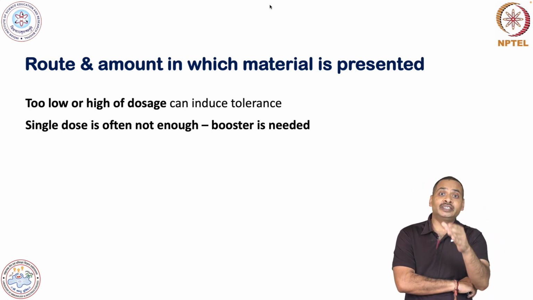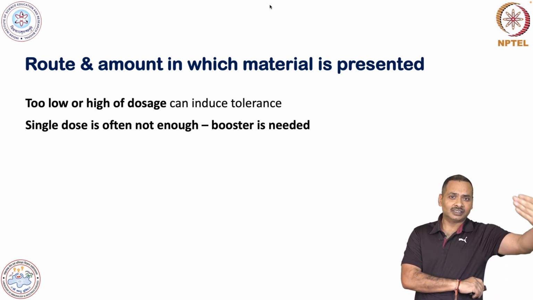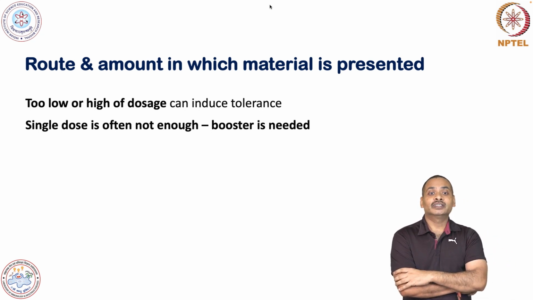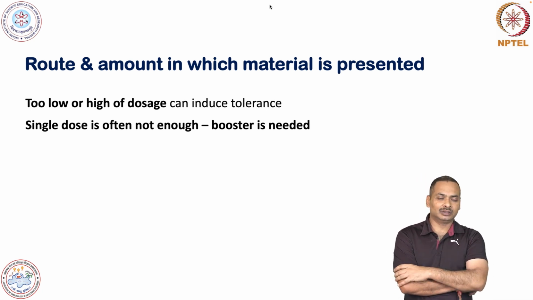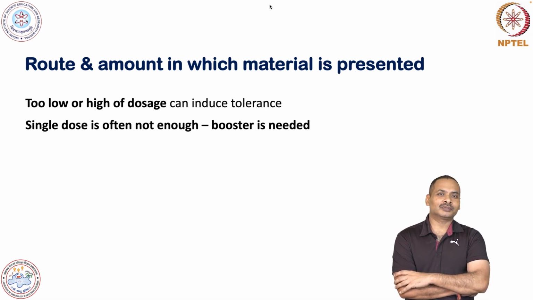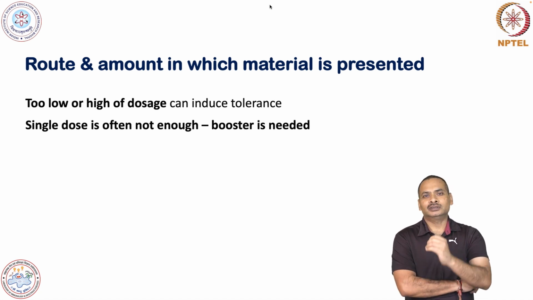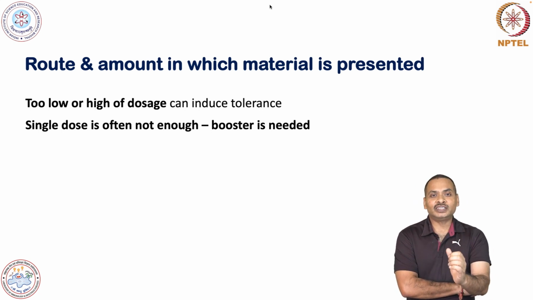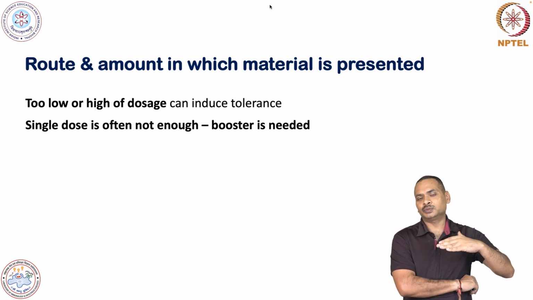If you do not take this booster dose or precautionary dose, then the immune response against SARS-CoV will decline. So it is very important to give the booster dose. This depends on the antigen. For example, with infections like smallpox and chicken pox, once you are infected you develop a protective immune response throughout your life.